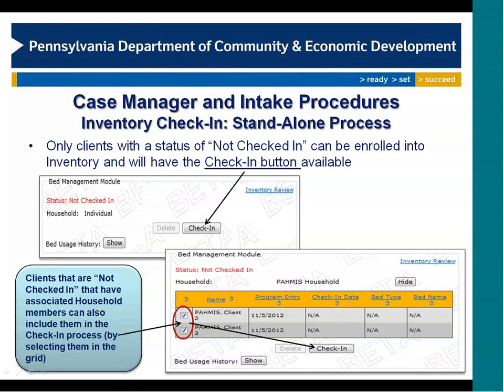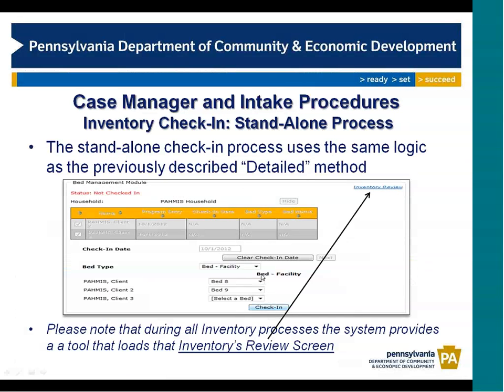Then once you hit check-in, it'll take whatever client you're on plus those household clients into the process. Of course, if you're doing a check-in, the clients can't be in a current inventory item or they won't be allowed to be checked in. Then it will take you to a separate screen where the focus is just on checking people into a household or into an inventory item, and it follows the same exact rules as the detailed check-in method.